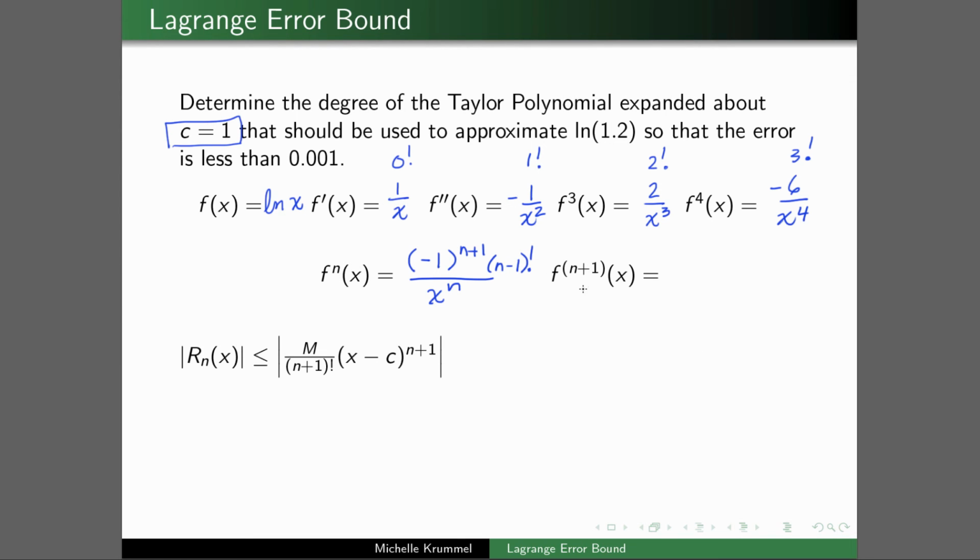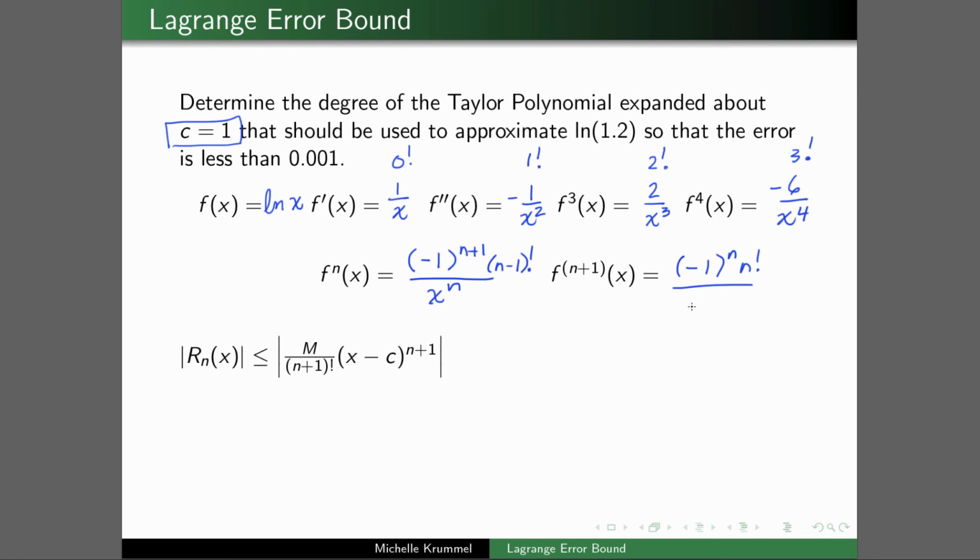For the n plus 1 derivative, I'm going to look at the formula for the nth derivative and replace n with n plus 1. So we have -1 to the power n plus 1 plus 1, simplifies to n plus 2, but -1 to the power n plus 2 is equivalent to -1 to the power n. If n is even, n plus 2 is even. If n is odd, n plus 2 is odd. So I'll just use -1 to the power n. For n minus 1 factorial, when I replace n with n plus 1, I just get n factorial.